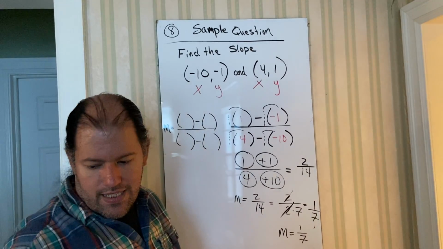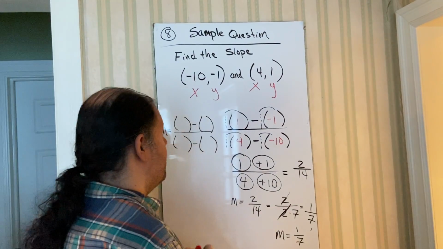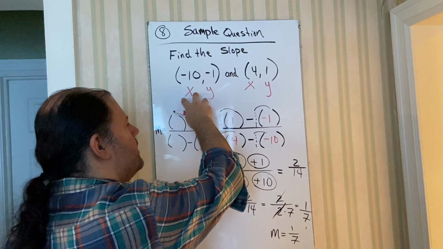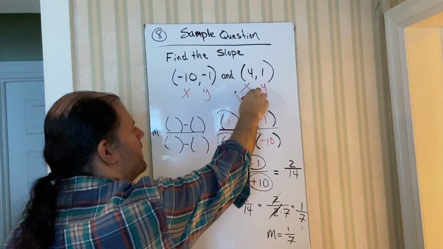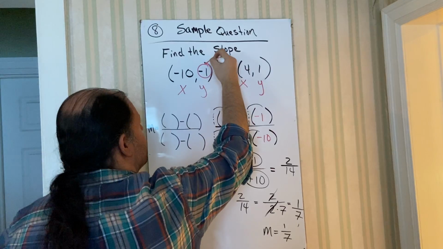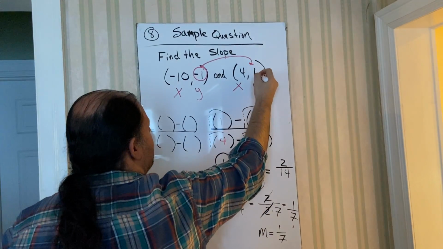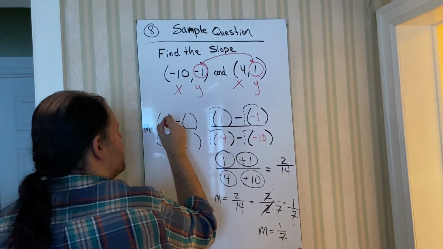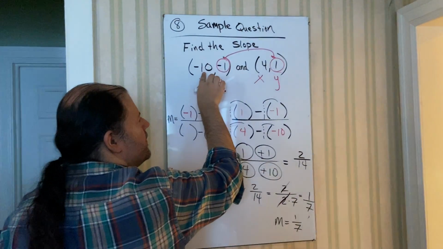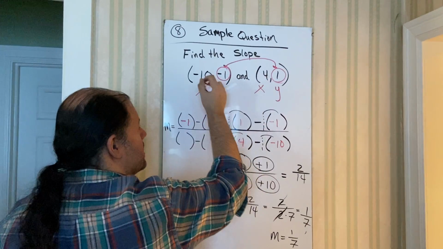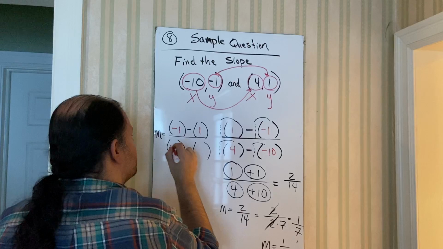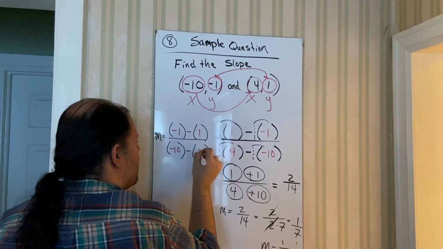Now for me, I just have to say, hey, just like how I read, start over here from our left, work your way to the right, and see that I start as a -1, and I changed and ended up as a +1. So start, end. I do the same thing for my x's, go in the same direction. Start, end. So -10 and a +4.